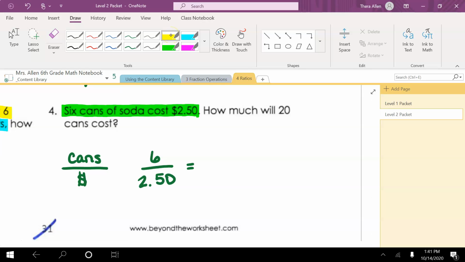My next question, it says, how much will 20 cans cost? I have the number 20, and it's talking about the cans. I look over here at my little key, and I notice cans is at the top. So I'm going to put 20 at the top. And it wants to know how much it's going to cost. And I'm going to just use X and put it right here for my variable. And that's how you set up a proportion.